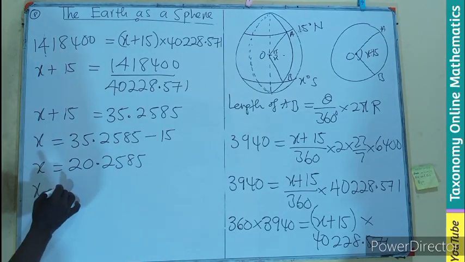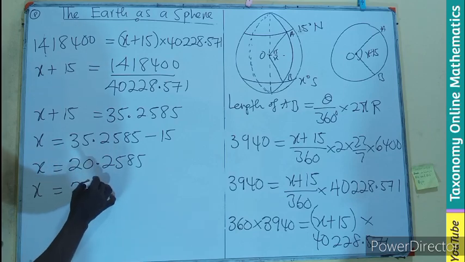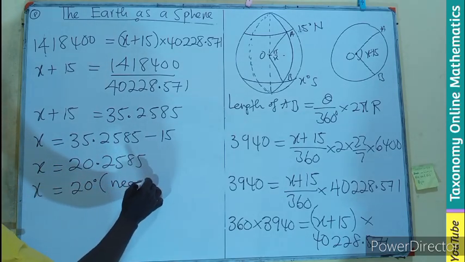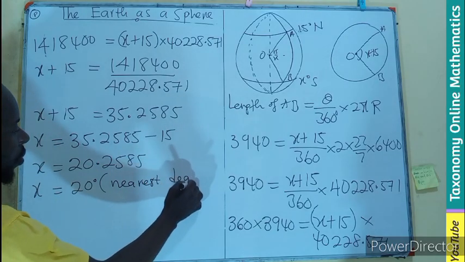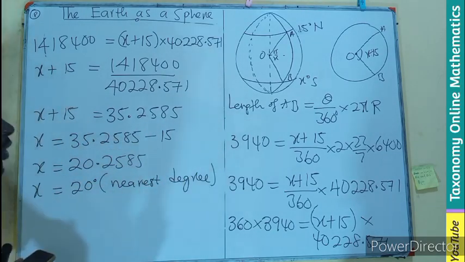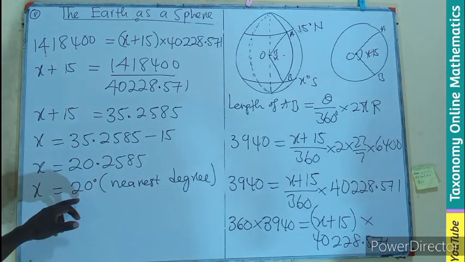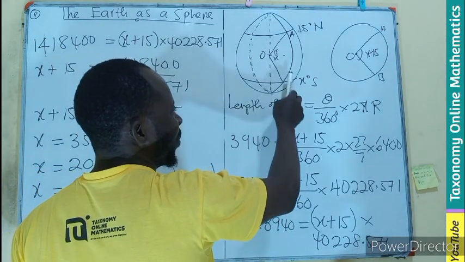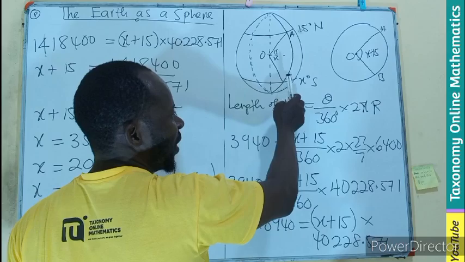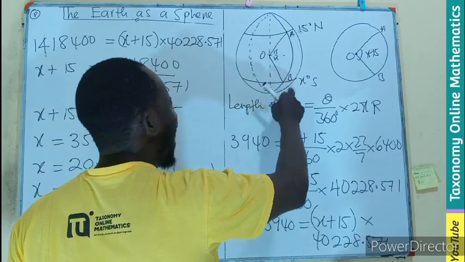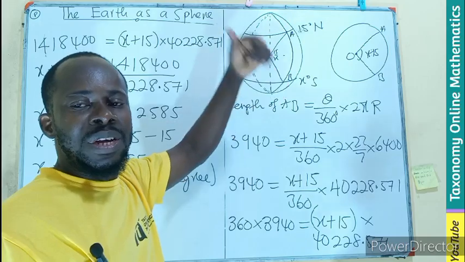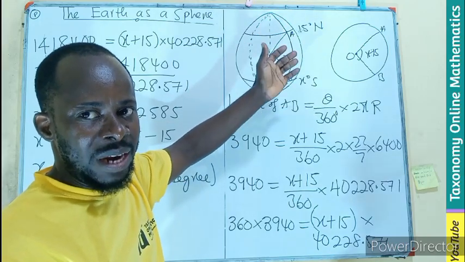So X will be equal to 20 degrees, to the nearest degree. So this becomes the value of the angle X. Simply put, the point B is on 20 degrees latitude south, or south 20 degrees. That will be the value.